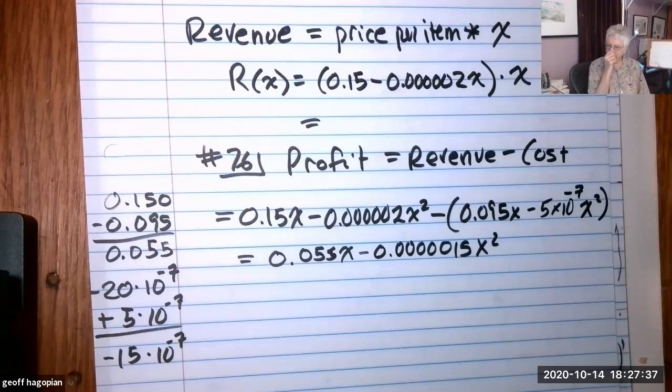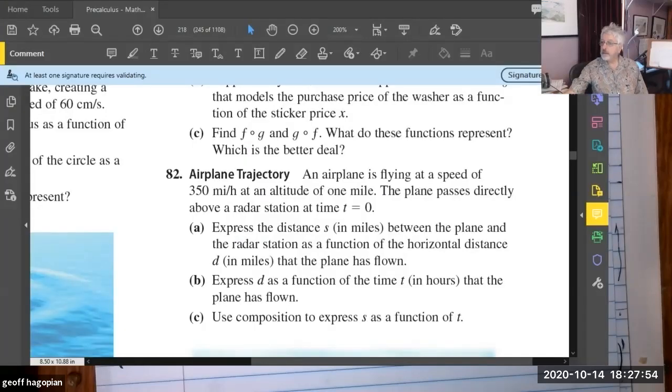All right, so what do we got? Airplane. Shall we read it? I suppose we ought. An airplane is flying at a speed of 350 miles an hour. I think that's reasonable. At an altitude of 1 mile. Again, not unusual.